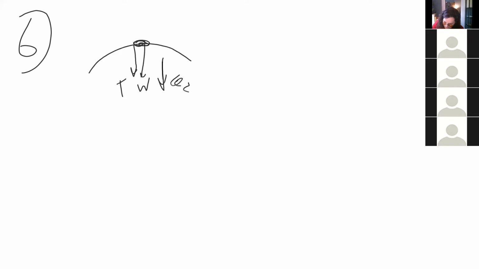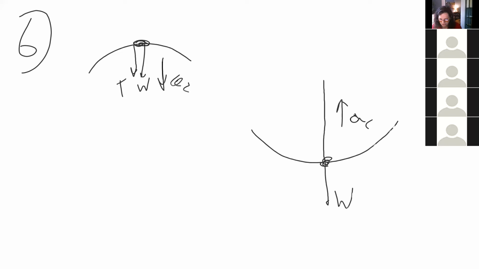At the bottom of the circle, you still need to get that magnitude of the centripetal acceleration if you're going to keep this thing going at a constant speed. However, now you have the weight acting in opposition to the tension. So the tension needs to not only cancel out the weight, but it also needs to impart the centripetal acceleration. So that's where your tension is at the maximum. All right, I'm not going to explicitly give you the answer to part A, but there you go.